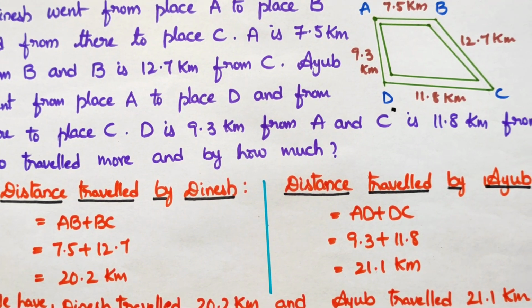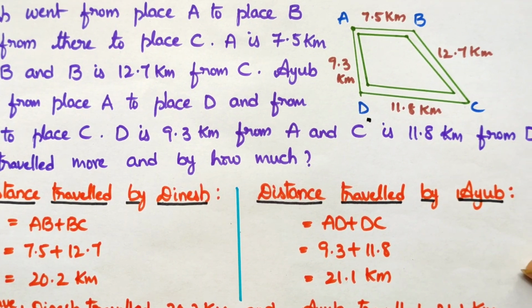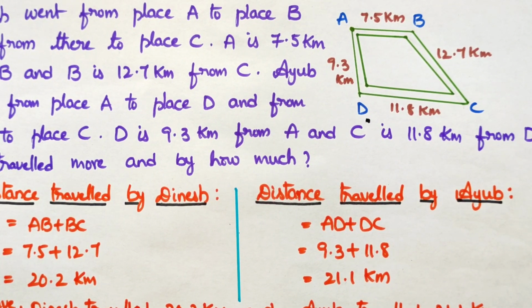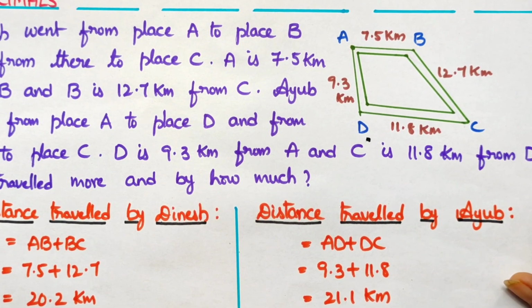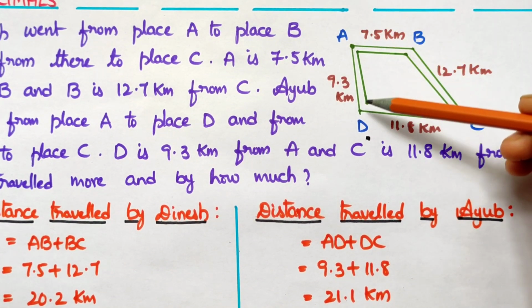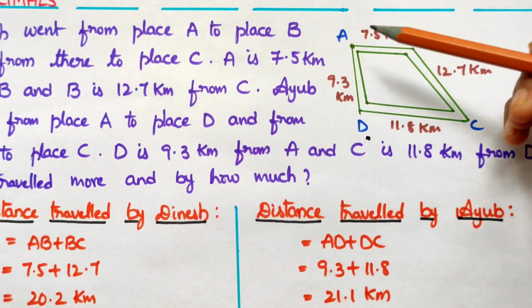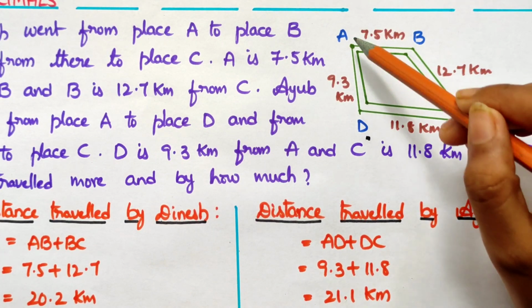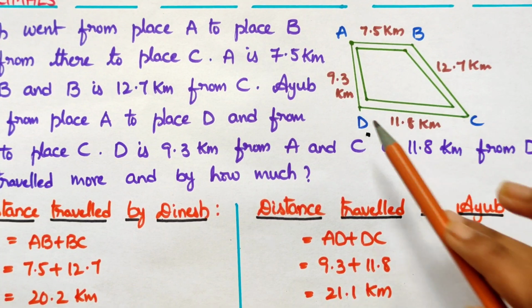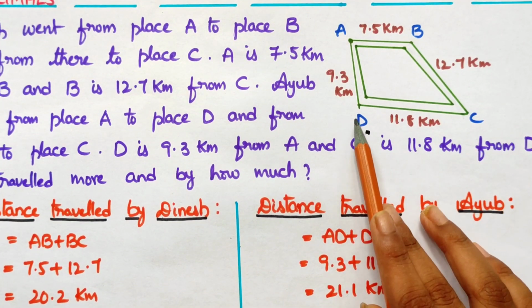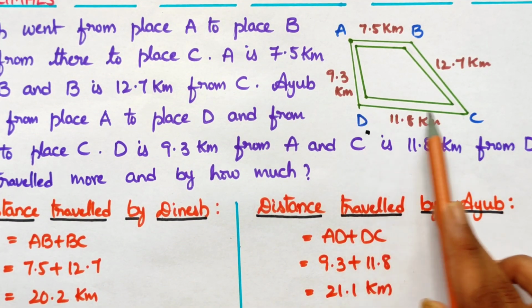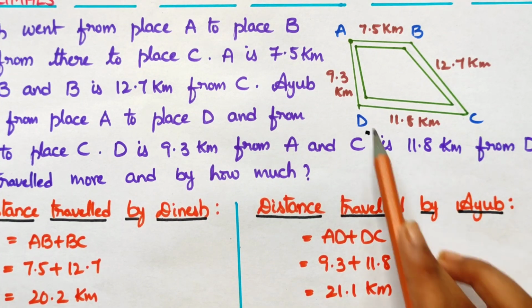Now let us calculate the distance travelled by Ayub. Ayub travelled from place A to place D, that means it is AD. And from place D to place C, so it is DC.